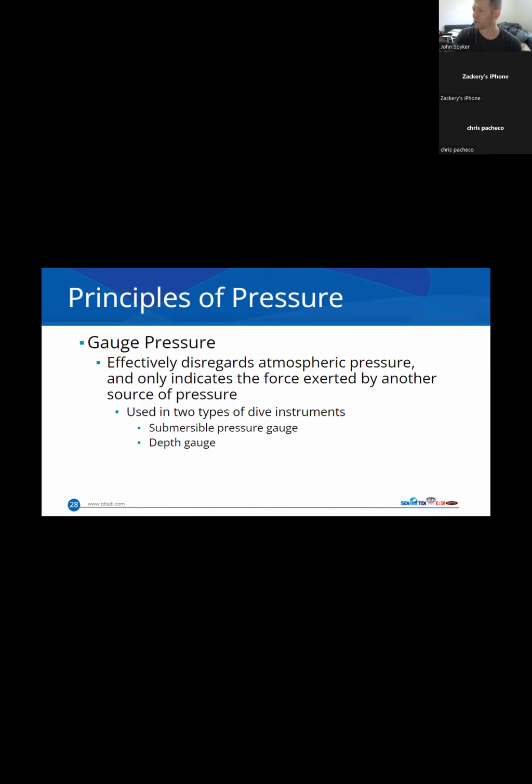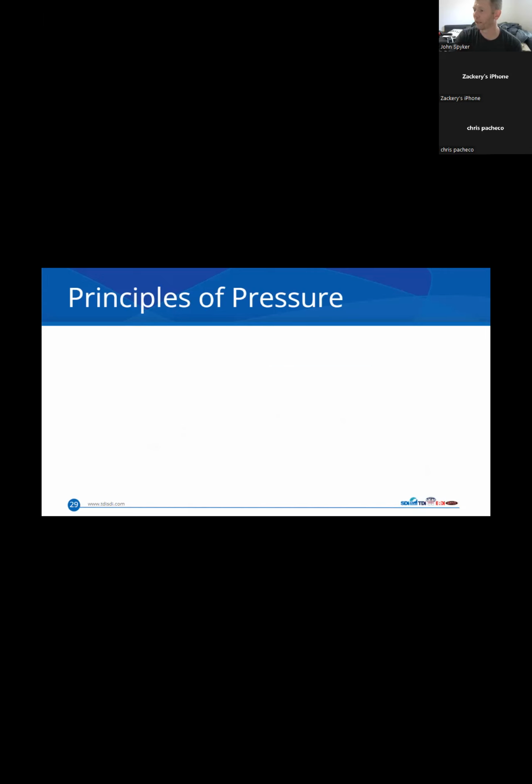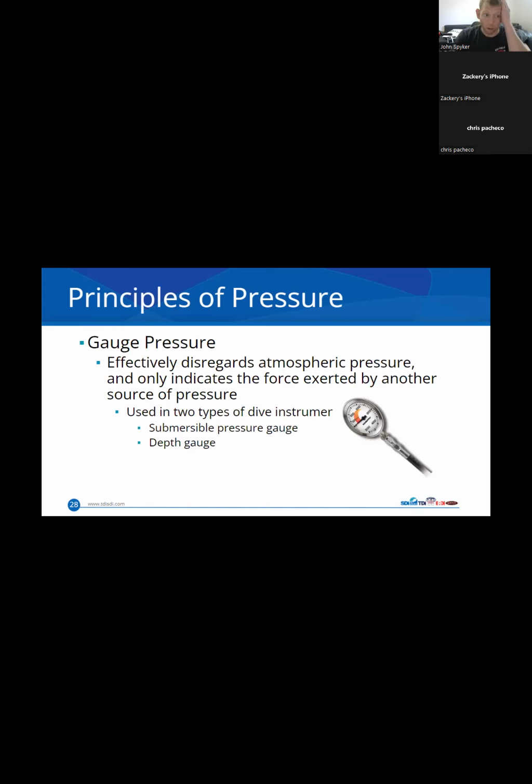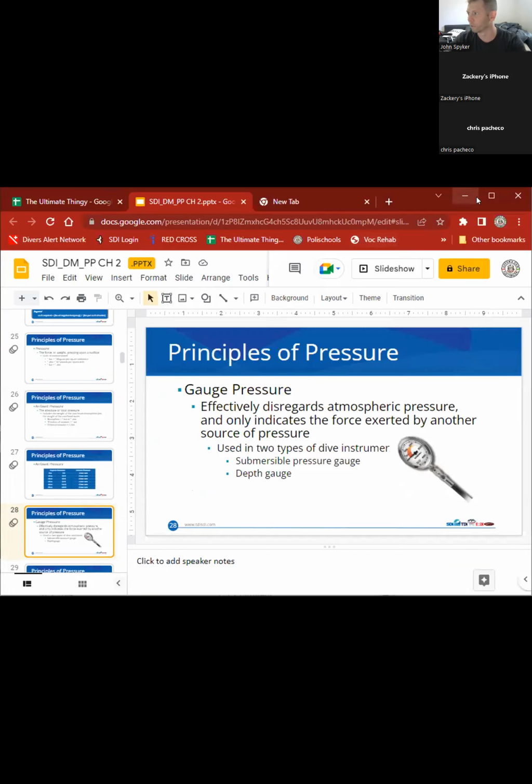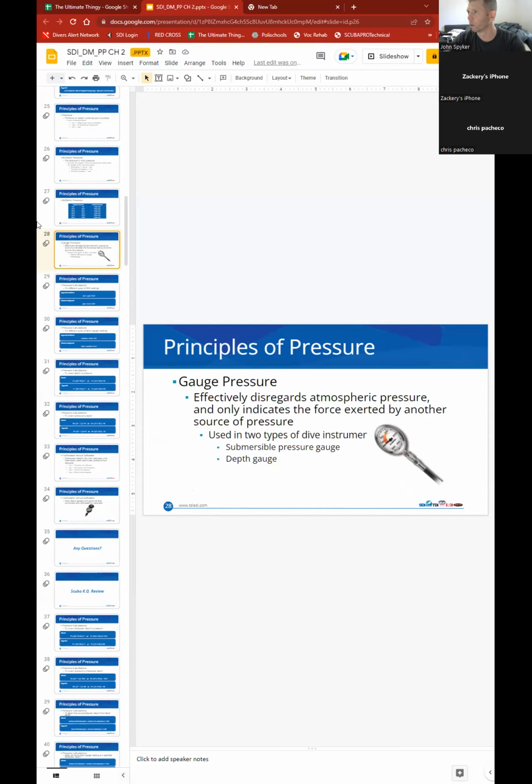All right, so there's a difference between gauge pressure and that kind of stuff. So gauge pressure is what you see on your gauge, right? It usually takes into consideration atmospheric pressure. So if you had a pressure gauge and took it to outer space, it would read -1 atmosphere, or -33 feet on your computer, or maybe it would say error or something like that.